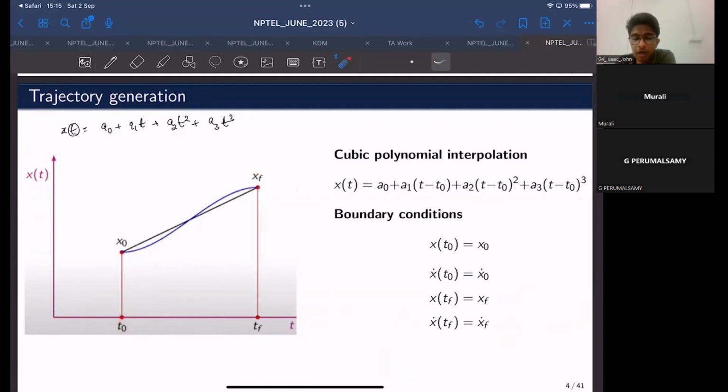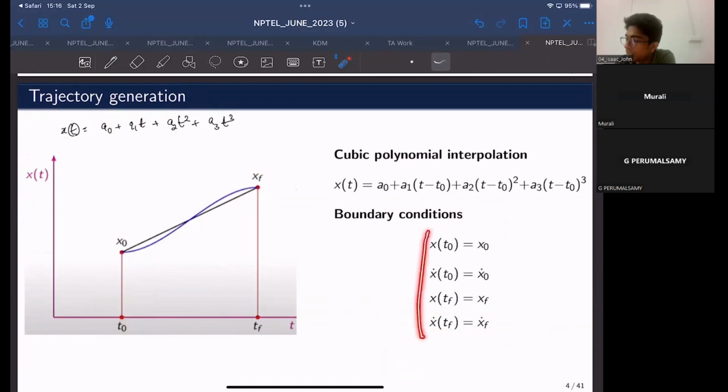If our robot at the initial position has a velocity, we can specify that as a boundary condition. This is the initial velocity. And the position at time t equal to tf is xf, our goal position, and we also have a goal velocity, x dot at tf is xf dot.